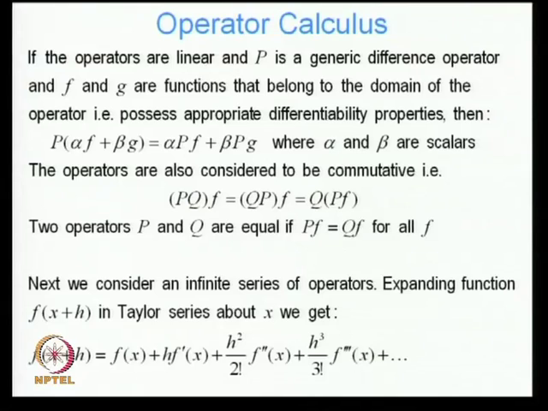So, the equality stems from the result, right. So, p is equal to q if the result that I get if I operate with p on all the functions belonging to the function space of interest is the same as I would get if I operate with q on that same function space, right.